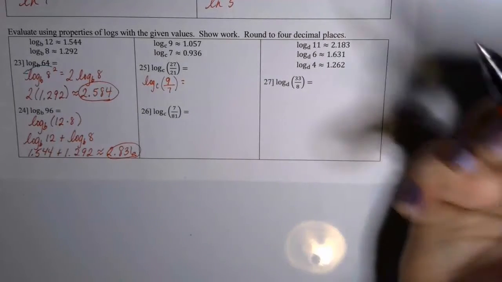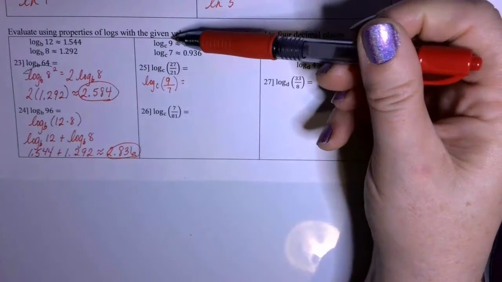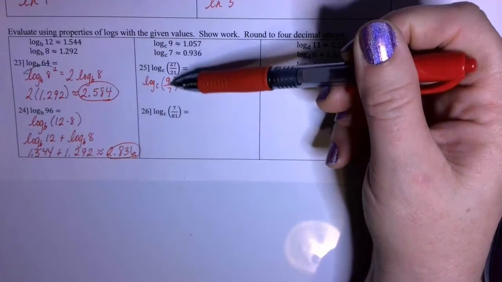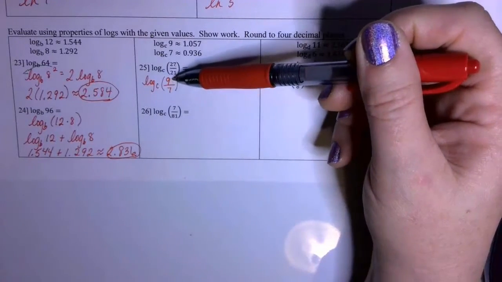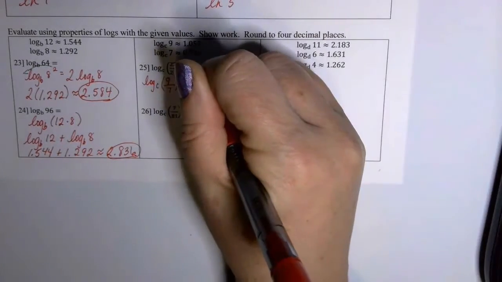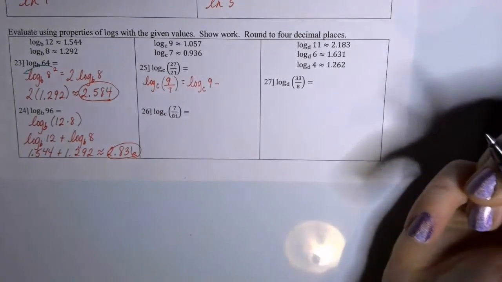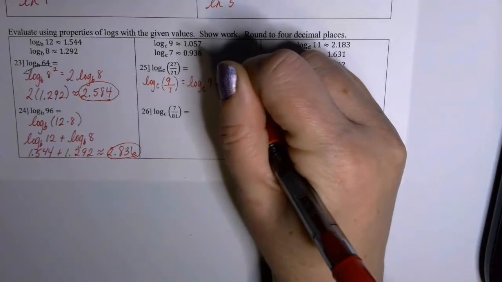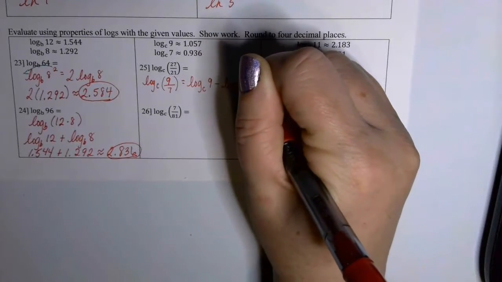So those are equivalent, and then we can see that this ratio 9/7, we could use the quotient property of logs to rewrite that as a difference of two logs. So the log base C of the numerator minus the log base C of the denominator.